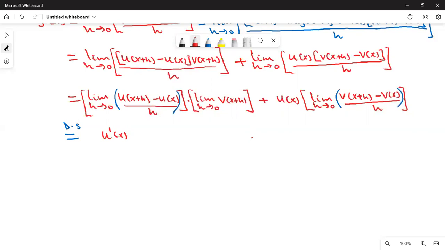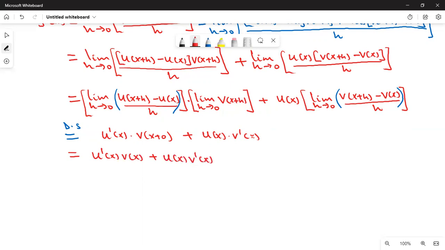What about here? It is times v of x plus 0, direct substitution. Where there is h, you put 0, plus u of x. What about the other one? It is v prime of x. And so therefore, this can now be written as u prime of x times v of x plus u of x times v prime of x.